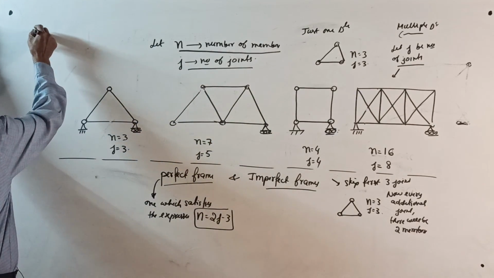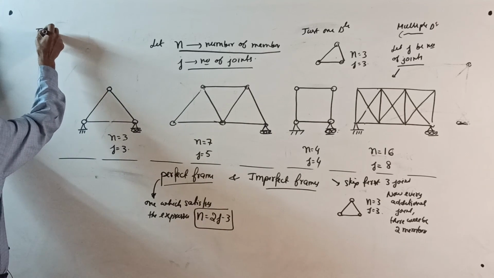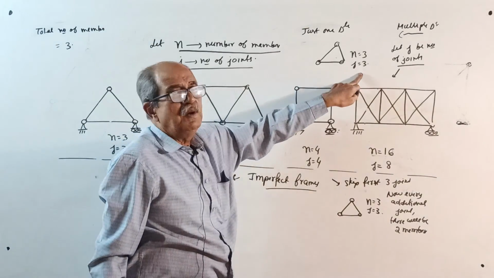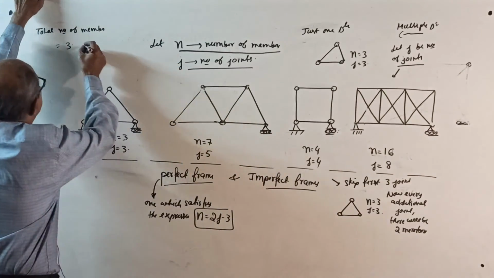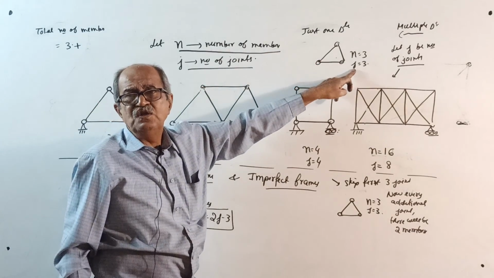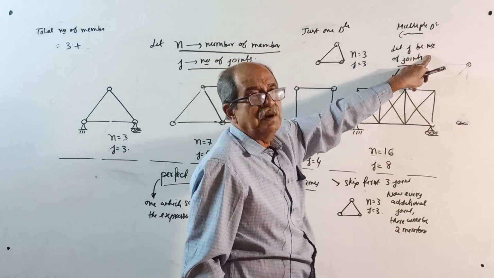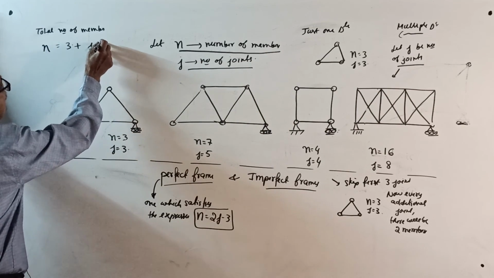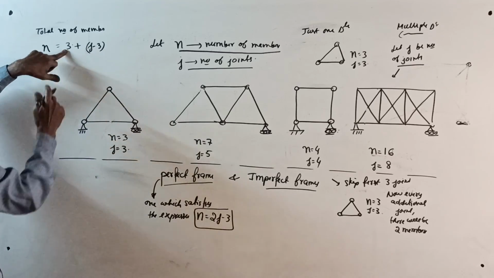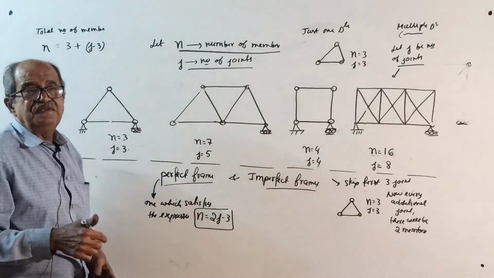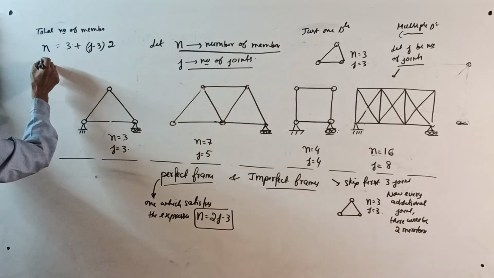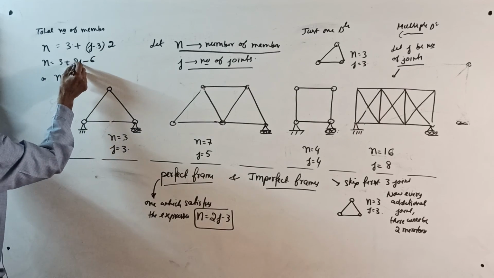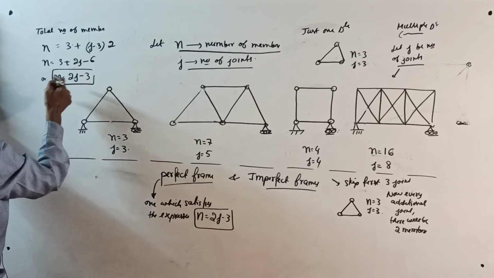Therefore, total number of members equals 3, for the first 3 joints. Let j be the actual number of joints, so subtract 3: j minus 3 further joints, each with 2 members. So n equal to 3 plus 2 times (j minus 3), or n equal to 3 plus 2j minus 6, or n equal to 2j minus 3.